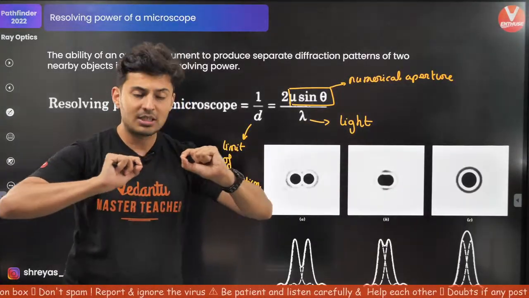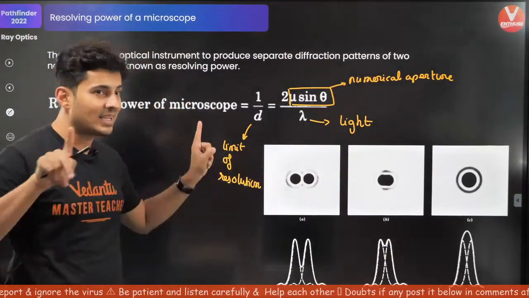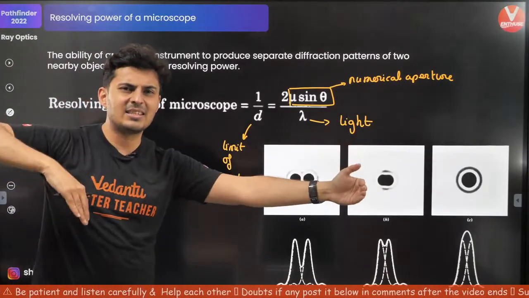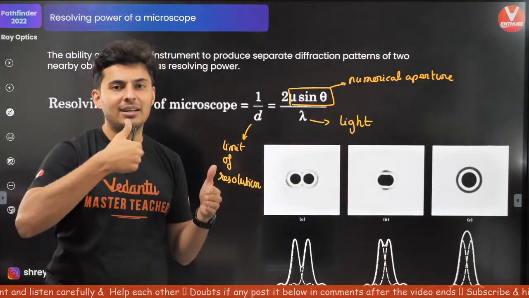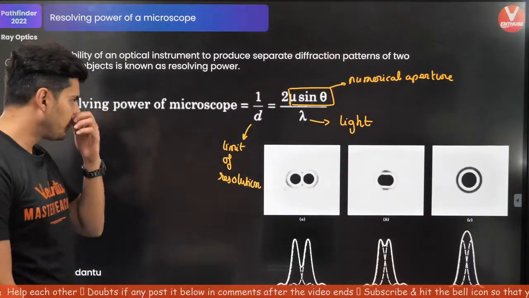Before which you will not be able to see them clearly. Only after the limit of resolution you can see them clearly. So that's why it is inverse of that. More the distance, less the power. Less the distance, better is the power. That's how it works. Okay, I hope this is clear.